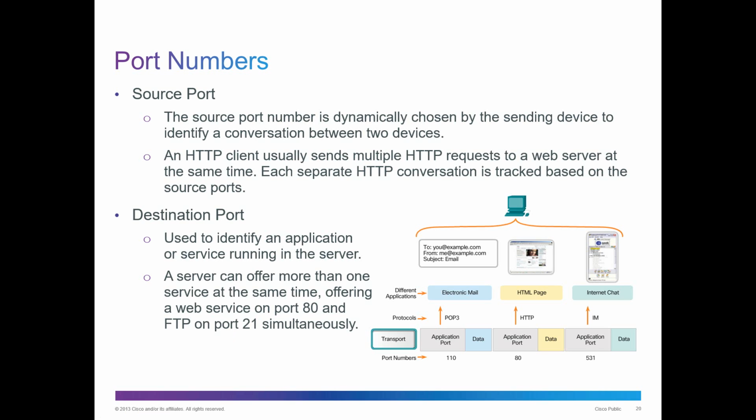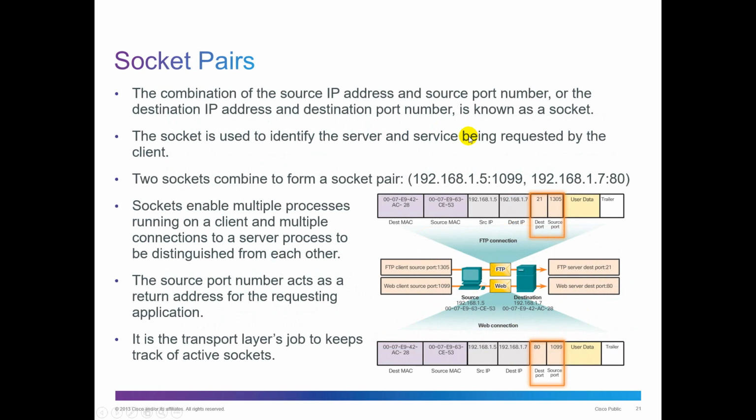Also, on the CCNA exam, we don't go over it too much here, but you are going to want to know the common port numbers for HTTP, POP3, FTP, things of that nature. We saw a list of those back in, I think, chapter 2 or 3. I can't remember which one off the top of my head.